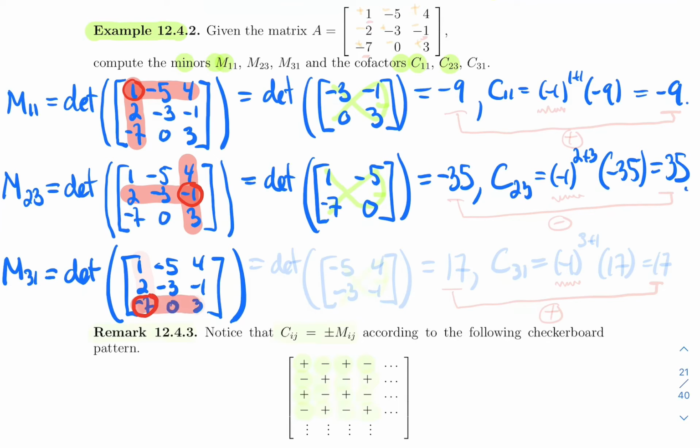Then you remove the row where minus 7 is and the column where minus 7 is. This leaves behind this 2 by 2 submatrix. So you get the determinant of minus 5, 4, minus 3, and minus 1.